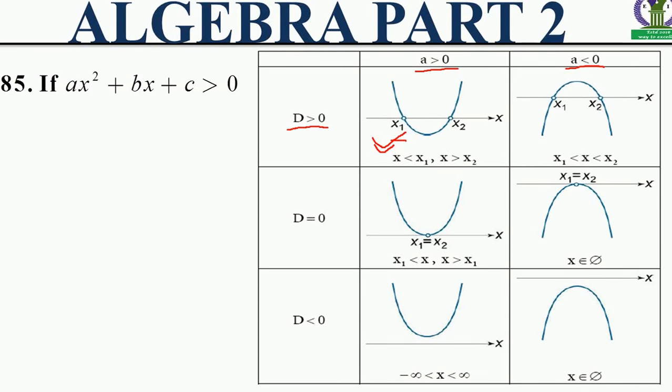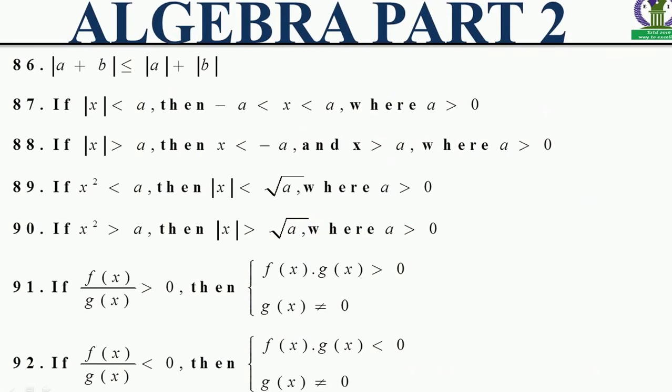When a is less than 0, the curve will again have real roots, but the graph will be inverted as shown here. When D equals 0, both roots will be equal and real, and when a is less than 0, the graph will be inverted. When D is less than 0, the parabola is not cutting the x-axis, hence the roots will be imaginary, and similarly in this case no root exists and the graph is inverted.